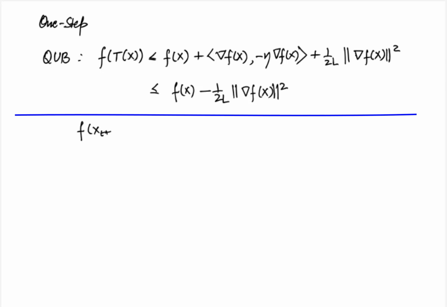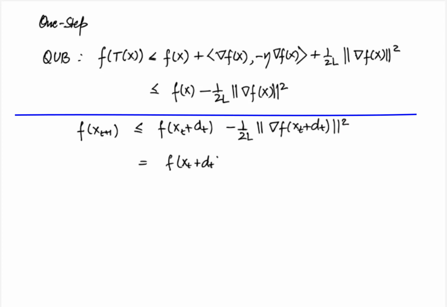This yields f of xt plus 1 is less than or equal to f of xt plus dt minus 1 over 2L norm square of gradient f of xt plus dt, which can also be written as f of xt plus dt minus L by 2 norm square of gt.